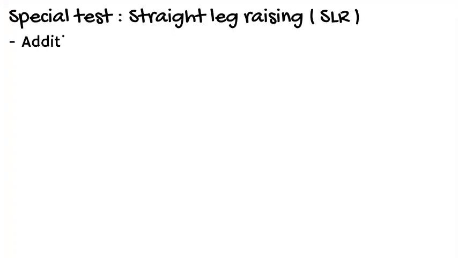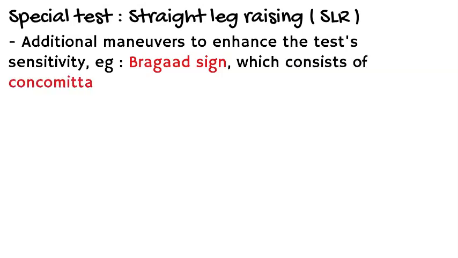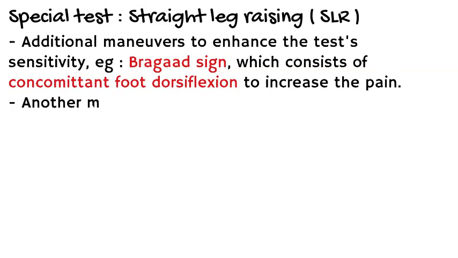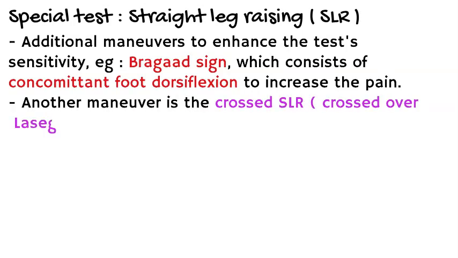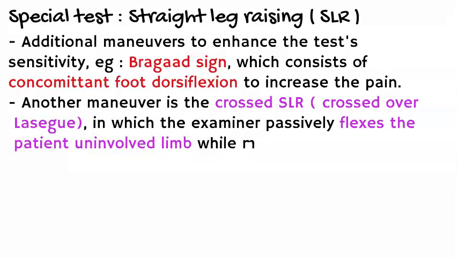Additional maneuvers to enhance the test sensitivity. Example, Bragard sign, which consists of concomitant foot dorsiflexion to increase the pain. Another maneuver is the cross SLR, crossover Lasegue, in which the examiner passively flexes the patient's uninvolved limb while maintaining the knee in extension.